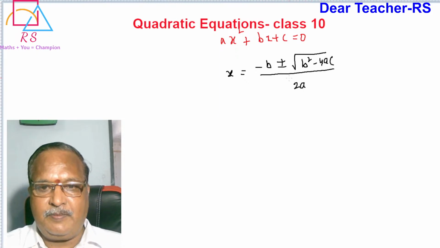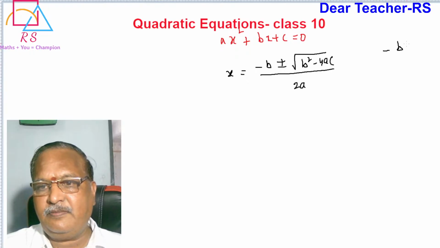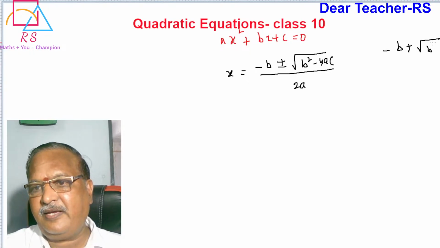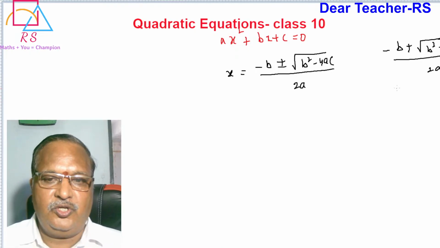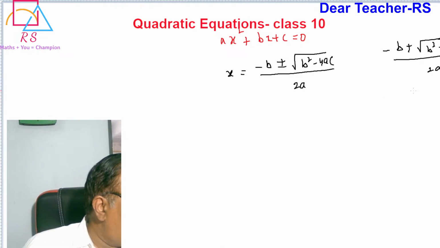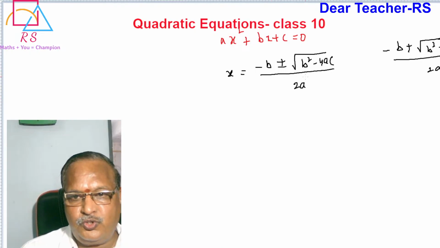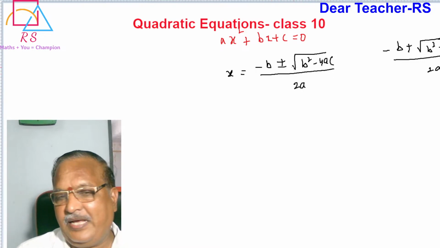So here plus or minus means one root is minus b plus square root of b square minus 4ac by 2a, and the other root is minus b minus square root of b square minus 4ac by 2a. Two roots.